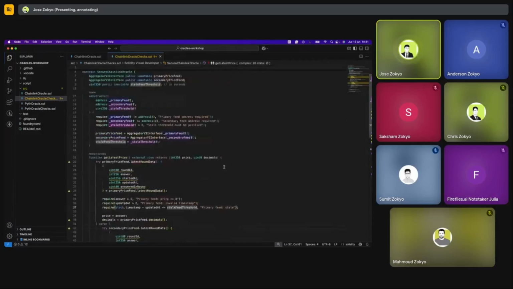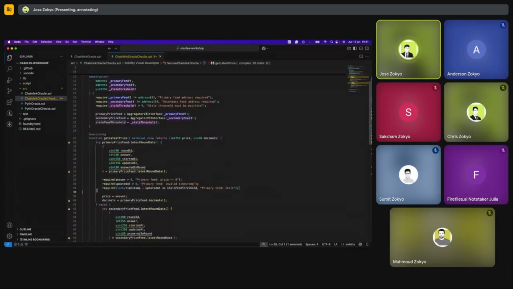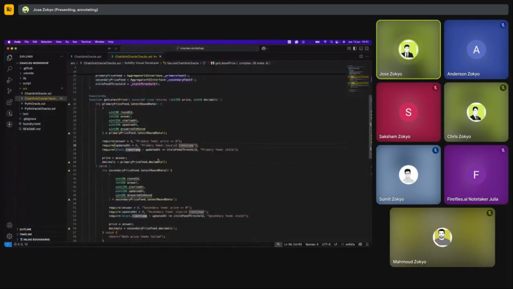That would be a vulnerability as well. So this is a really strong check that should be executed for this type of protocol. Okay. After that, you should check that the updatedAt parameter is within the heartbeat or the threshold that you have selected for each price feed.